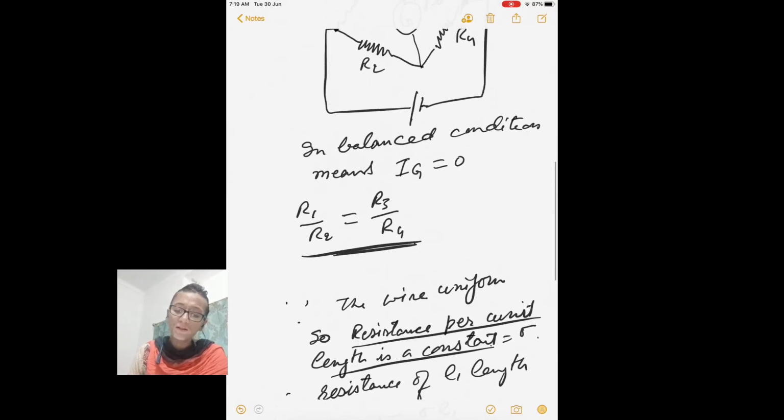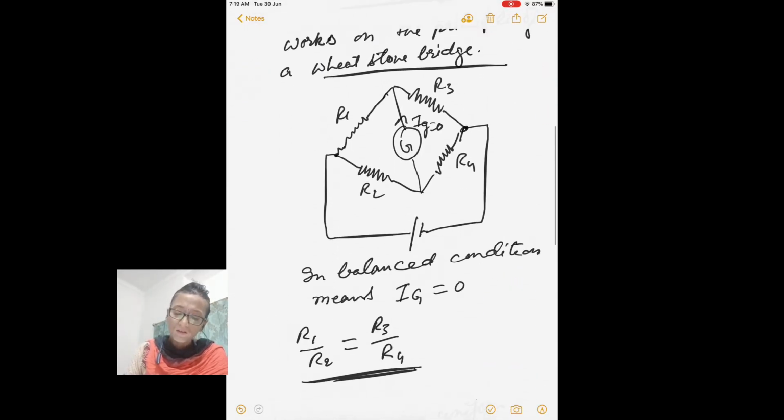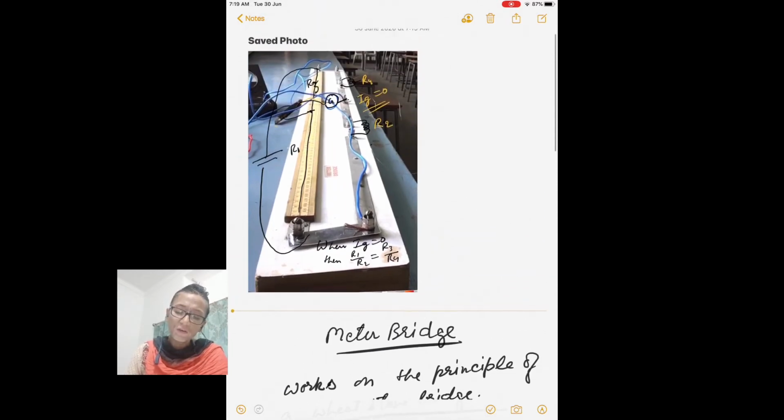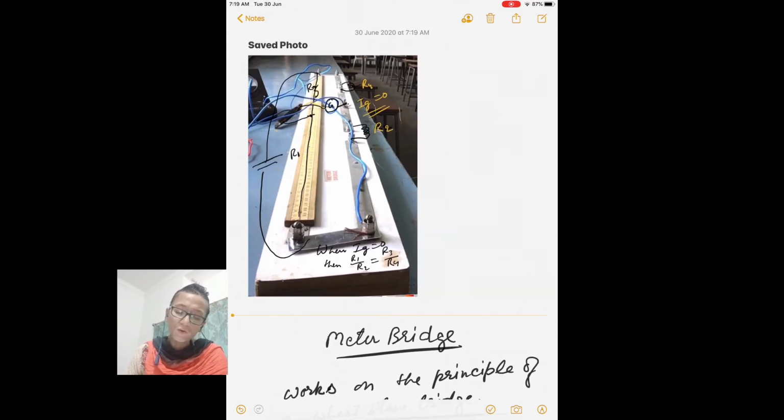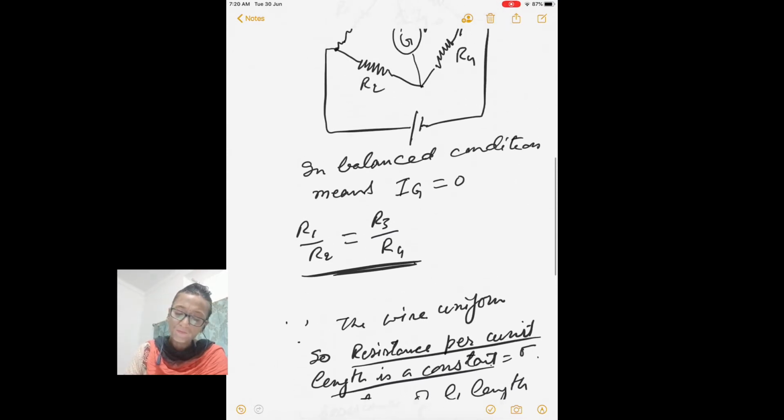Now let me put all these values in this equation. R1 upon R2 is equal to R3 upon R4.